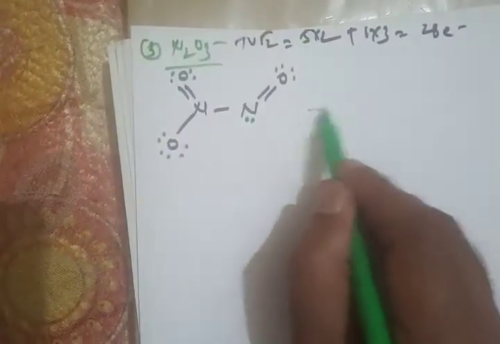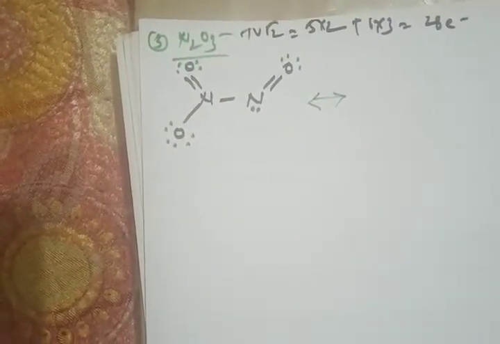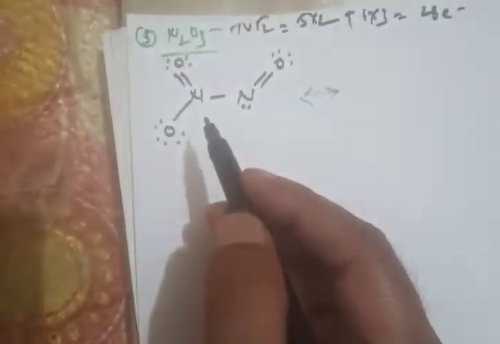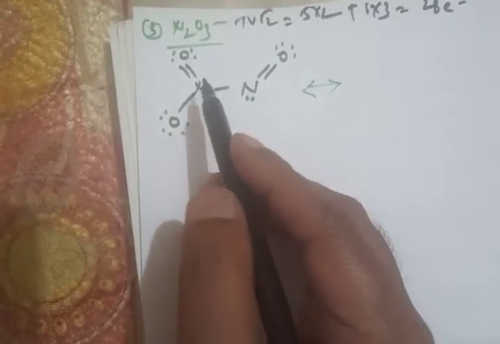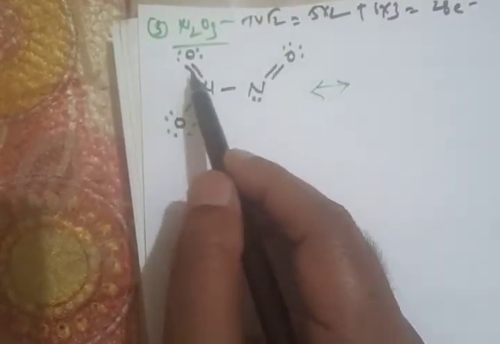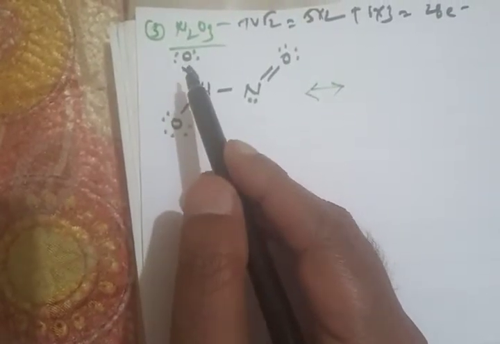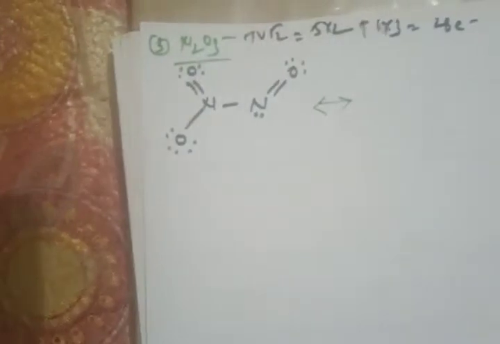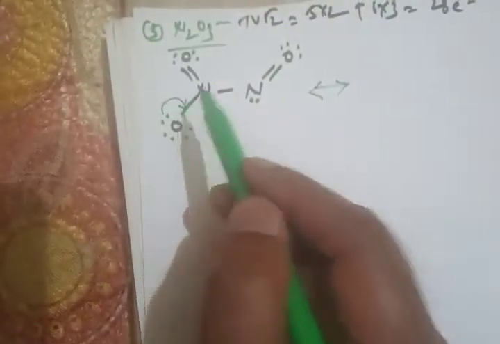And if you go for another structure, what will happen, you can take any of the lone pairs, like in this case also you can shift this bond to this oxygen, or in this case this bond to this oxygen. Okay, so what will happen, this will give this and this.